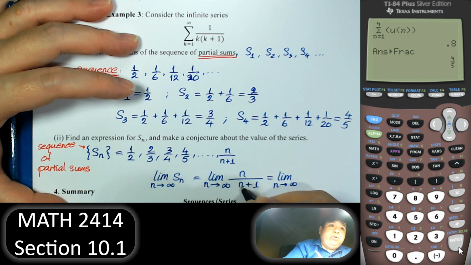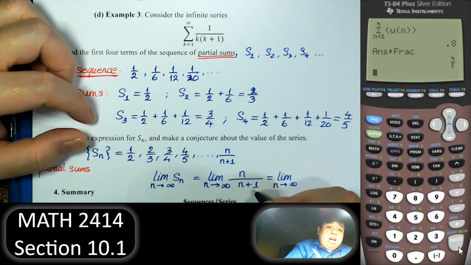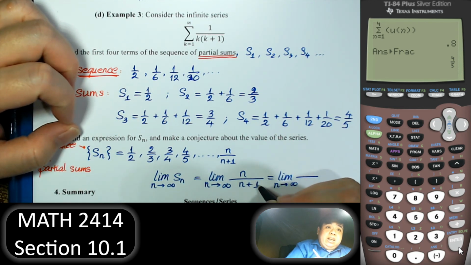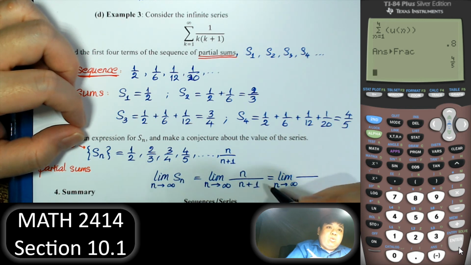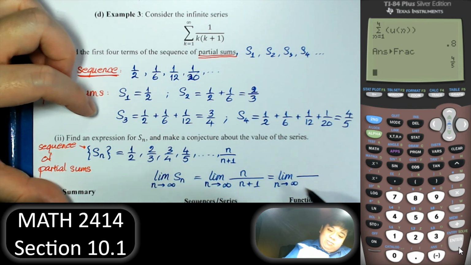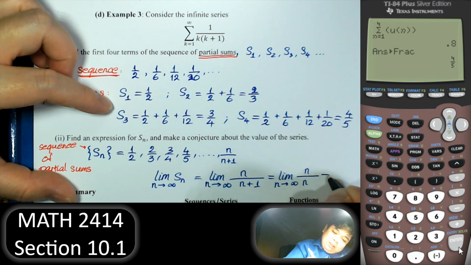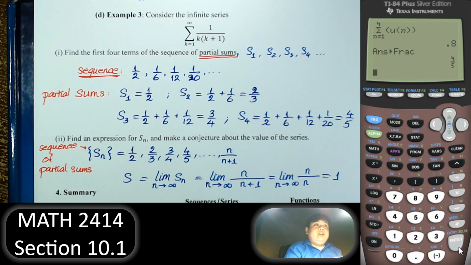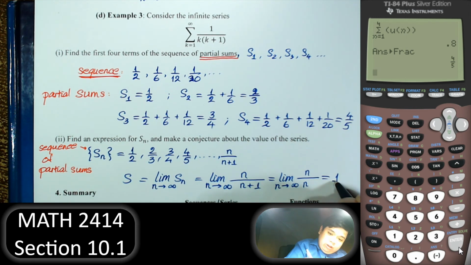Because n goes to infinity, the plus 1 really doesn't do much. In chemistry or physics, we just say the plus 1 here is negligible. That cancels out to 1. So we say the value of the series is equal to 1, or we say the limit of the partial sum is 1 as n goes to infinity.